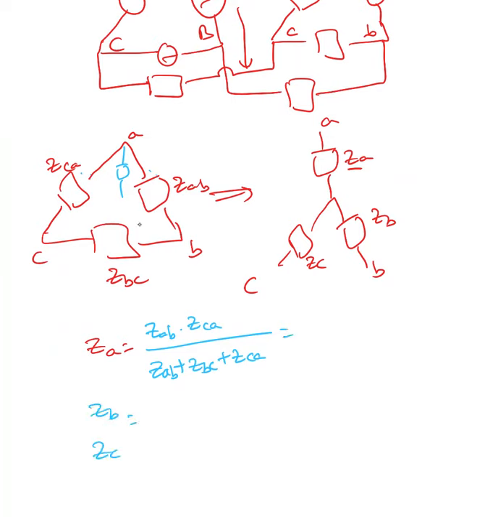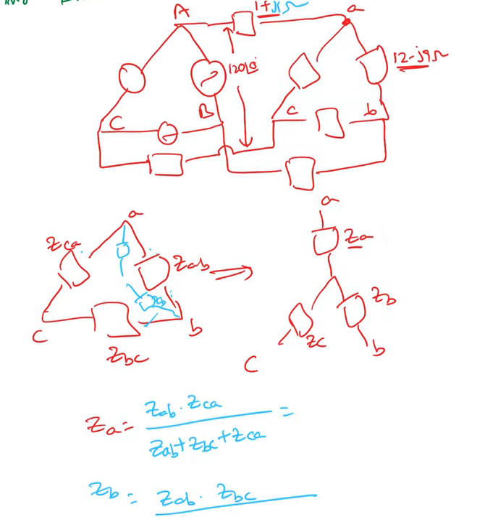Follow the same method to find ZB and ZC. To find ZB, ZB is right here. Multiply these two impedances, ZAB times ZBC, over ZAB plus ZBC plus ZCA. You can do the same thing for ZC. Now here I have a balanced load.